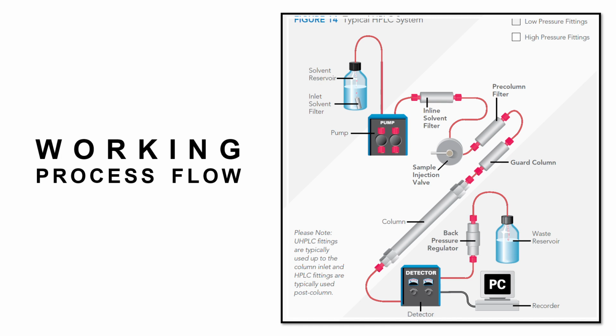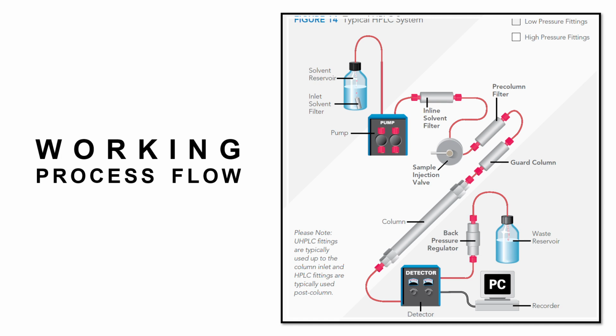The mobile phase is delivered to a separation column, otherwise known as the stationary phase, and then to the detector at a stable flow rate controlled by the solvent delivery pump. A certain amount of sample is injected into the column and the compounds contained in the sample are separated. The separated compounds are detected by the detector downstream of the column, and each compound is identified and quantified.